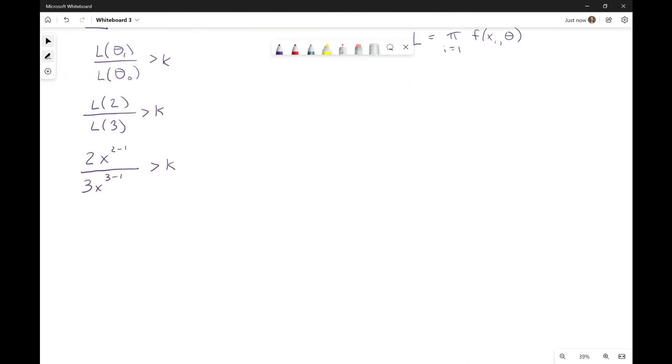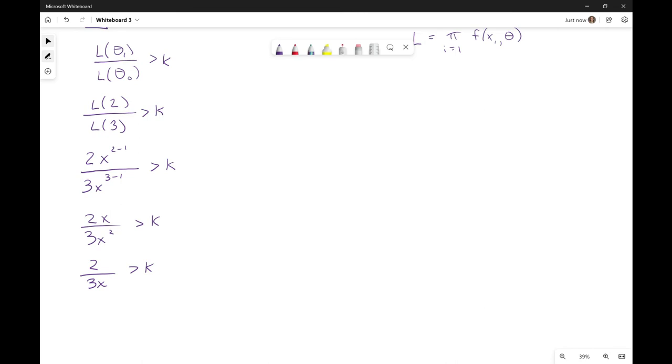Simplifying this gives us 2x over 3x squared greater than k, which we can further simplify to 2 over 3x is greater than k.